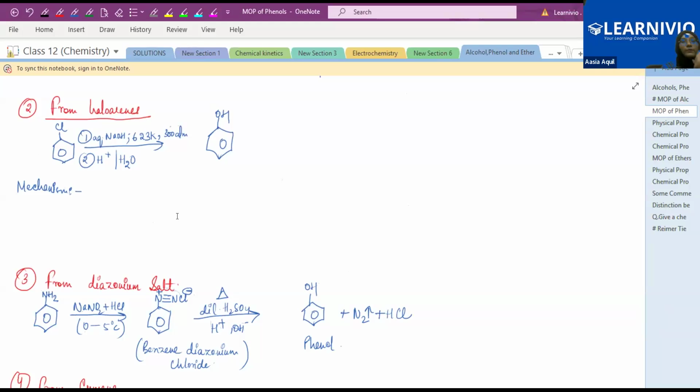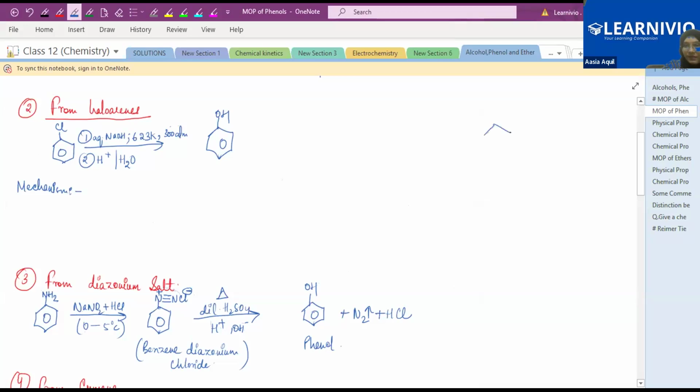Yes or no? No. Nucleophilic substitution reaction of haloarene is not possible.